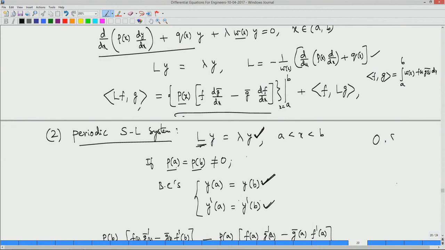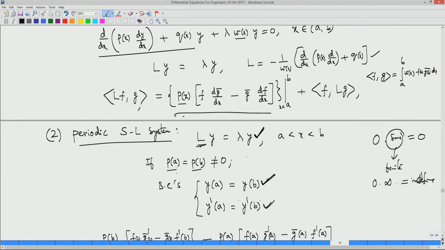If you want this to be 0, this something has to be finite. Okay. Because 0 into infinity you cannot say, it is indefinite. Okay. Indefinite, this can be anything, even some non-zero quantity. So, you have to make sure that this quantity is finite. Okay. So, how can you make sure? That is what you are giving through your boundary conditions.